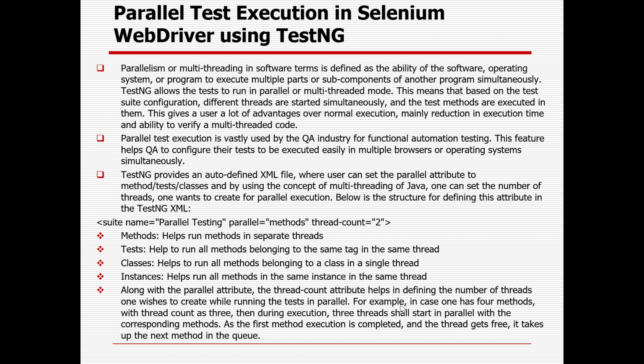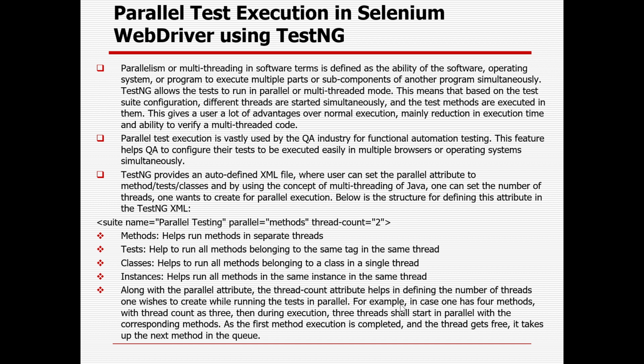So that is the way threads in Java also play a pivotal role in supporting concurrent execution, parallel execution, right? Parallelism or multi-threading in software terms is defined as the ability of the software, operating system, or program to execute multiple parts or subcomponents of another program simultaneously.